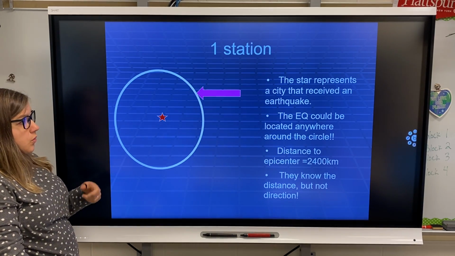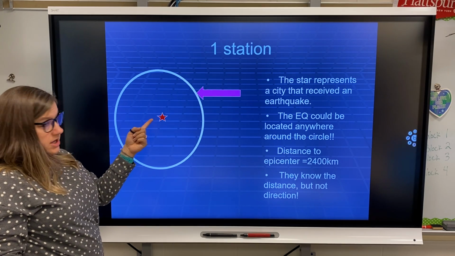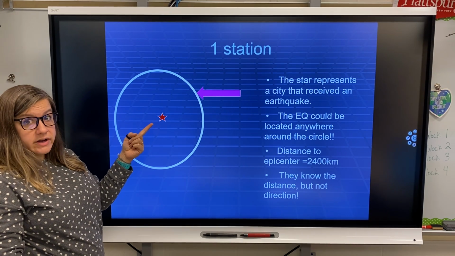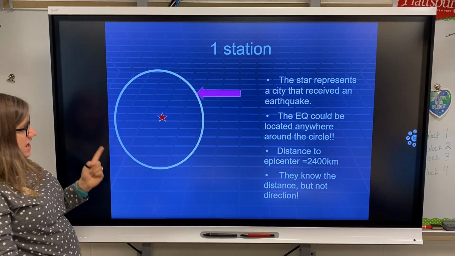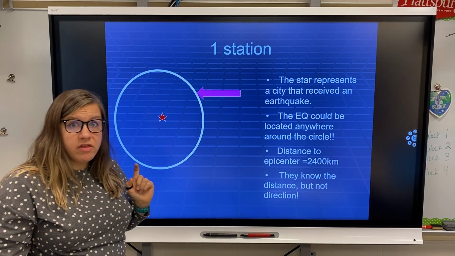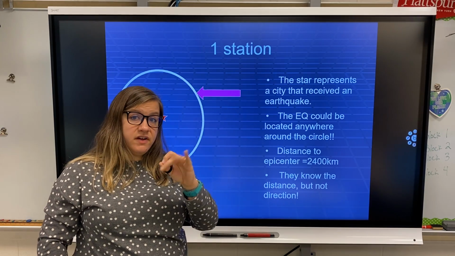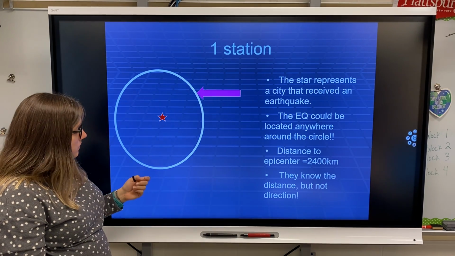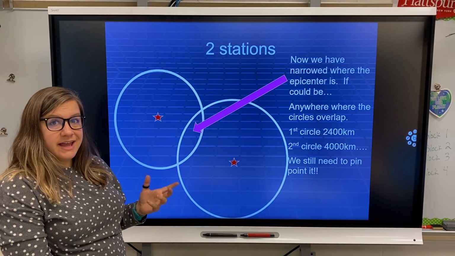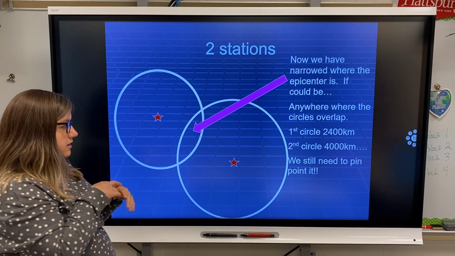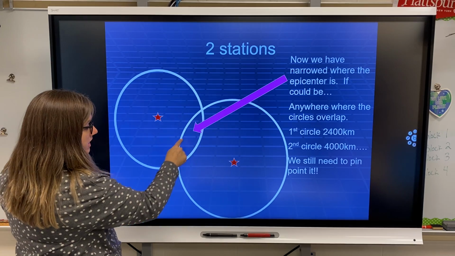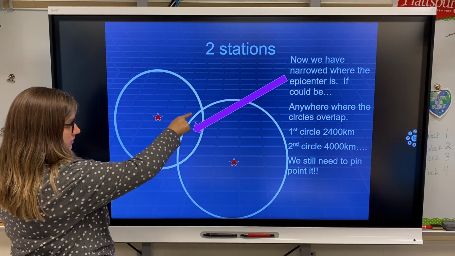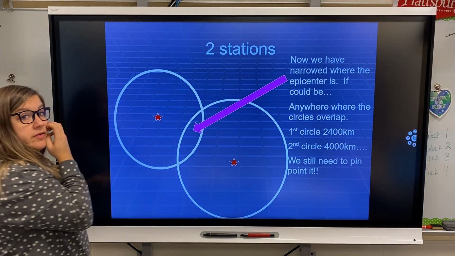Why? Well, here's your recording station, okay? The earthquake could be anywhere on this circle. That is a lot of space to follow, okay? So if we add another circle, it kind of narrows it down a little bit. So this is our second station, and the earthquake can be anywhere in between this little funky shaped oval type thing.